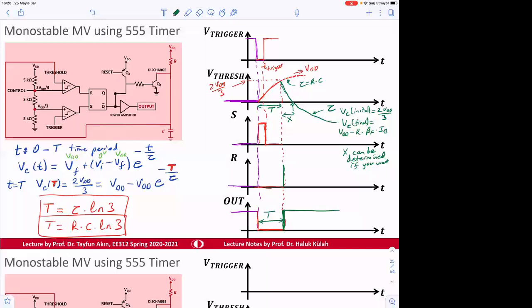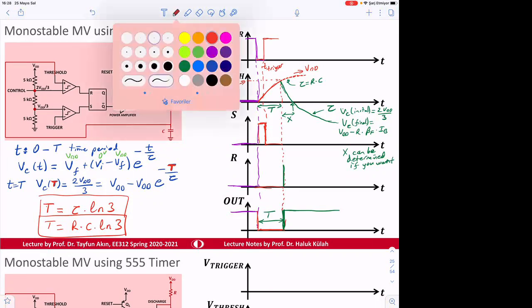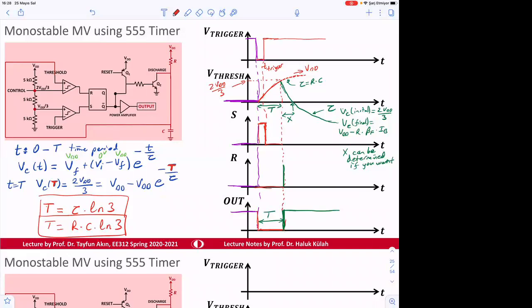And why do we care about that X? Because after that time, we can have another trigger. So if you want, one more time, you have the trigger here, and then everything will start again, and with this next trigger, this will go down.